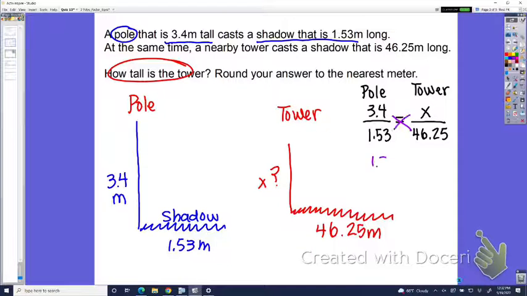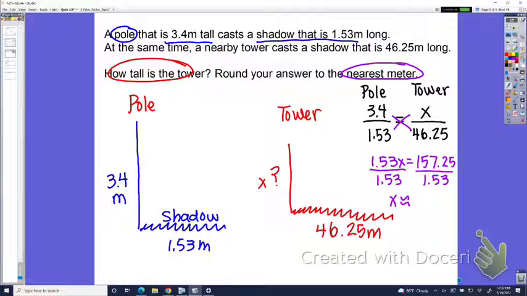So 1.53x equals, and if you use a calculator and do 46.25 times 3.4, you get 157.25, and then you have to divide both sides by 1.53. And x is about, and it says round to the nearest meter, so the nearest whole number.